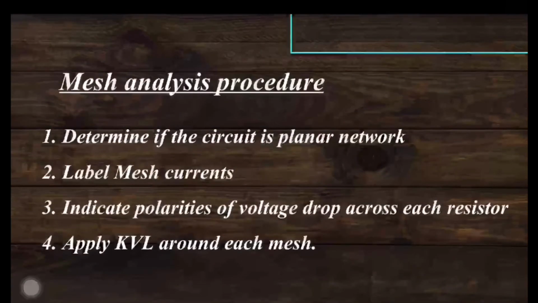One more thing you should understand before applying mesh analysis to a network. Suppose we have a resistor that is common to two meshes, so that two mesh currents are flowing through it.